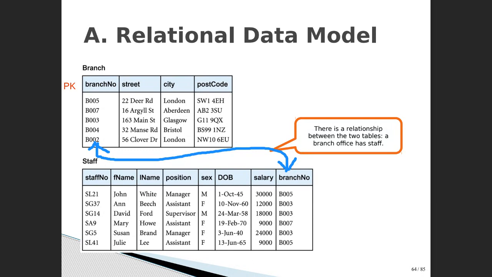How about the branch number in the second table? We call it, yes, exactly, foreign key. Excellent. So this will ensure an association between two relations.